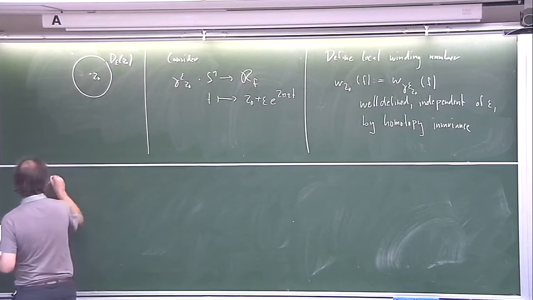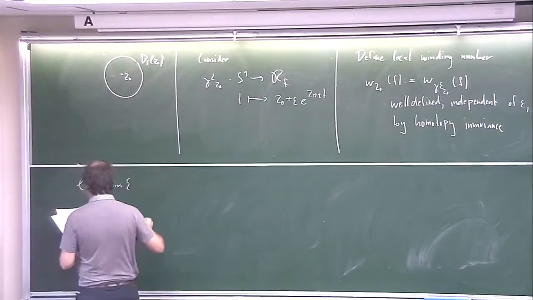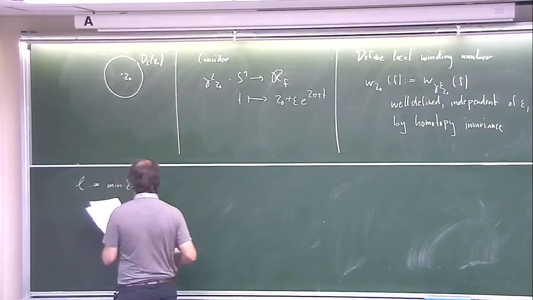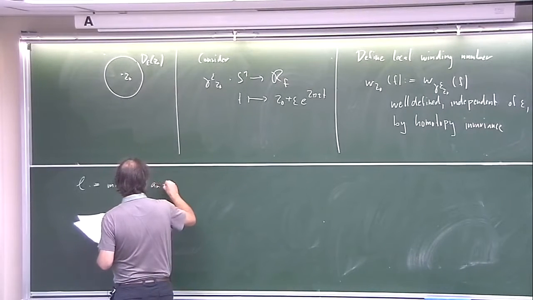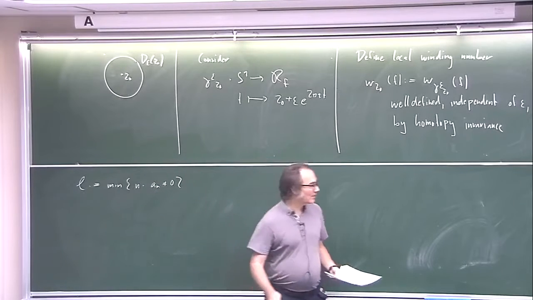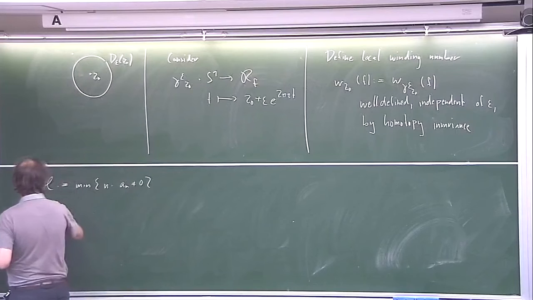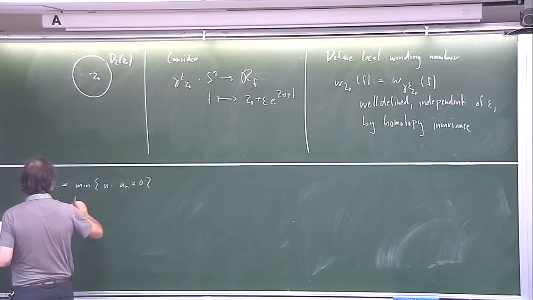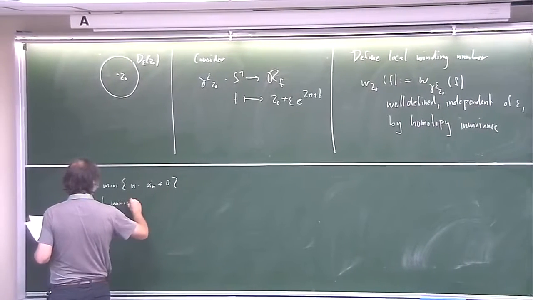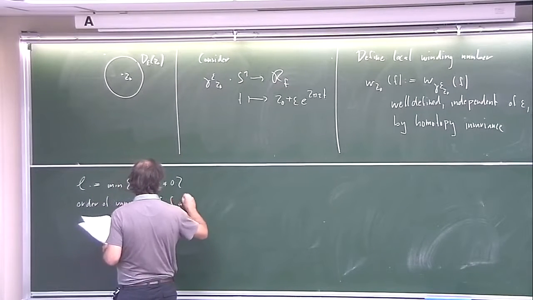And let me abbreviate by L the minimum of the first coefficient which is non-zero, the order of vanishing of f at 0.